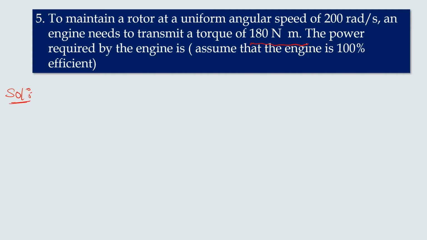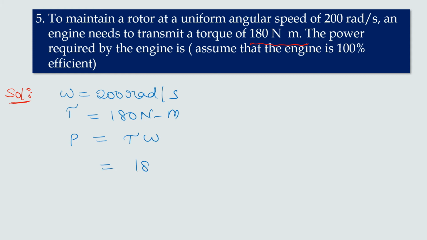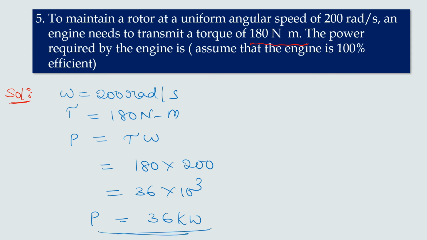Given angular speed omega is 200 radians per second, and torque is 180 Newton meter. Power required by the engine P is equal to tau omega, that is 180 into 200, so that is 36 into 10 cube. So P is equal to 36 kilowatts.